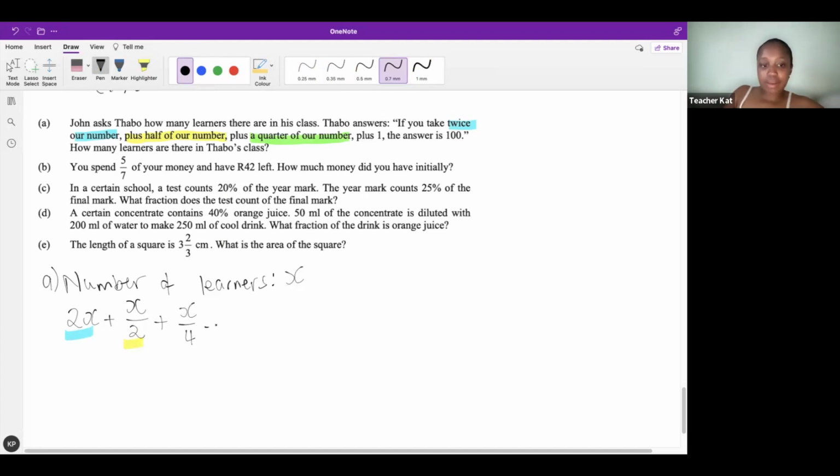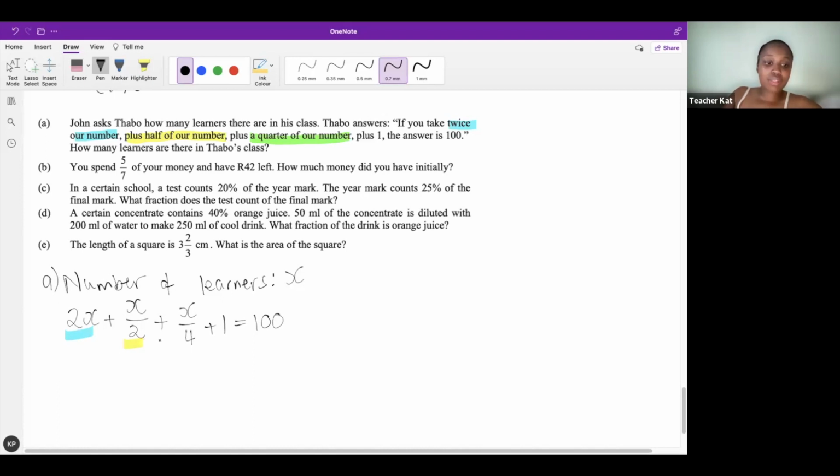And then it says plus 1. All of this has to equal what? All of this that we just did has to equal what? 100. So now we're having a little bit of a crash course in algebra, right? So all of this has to equal 100.